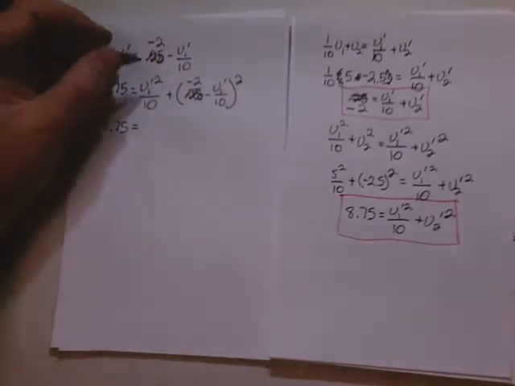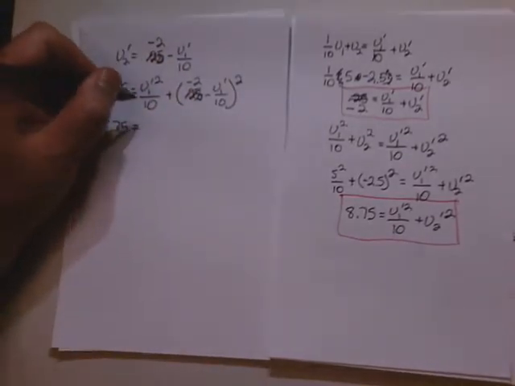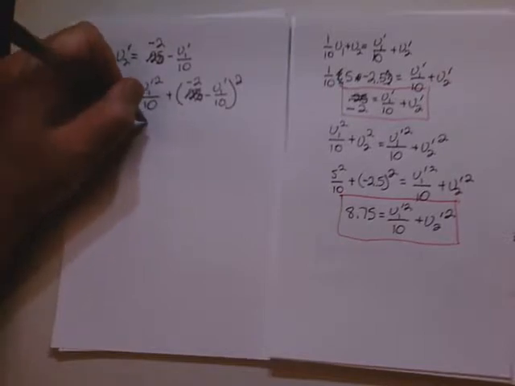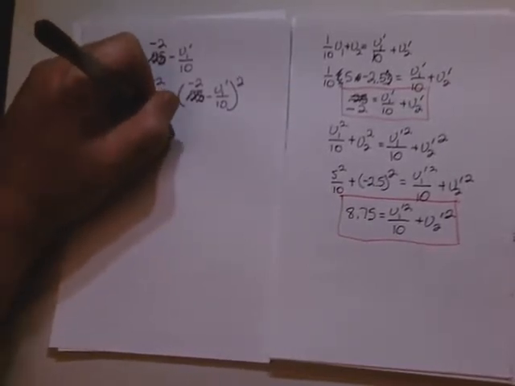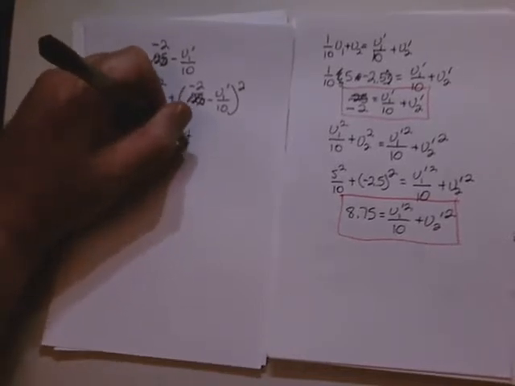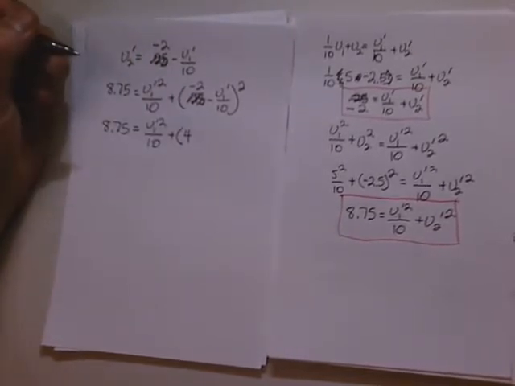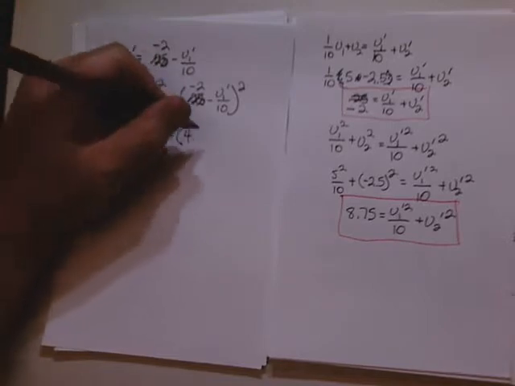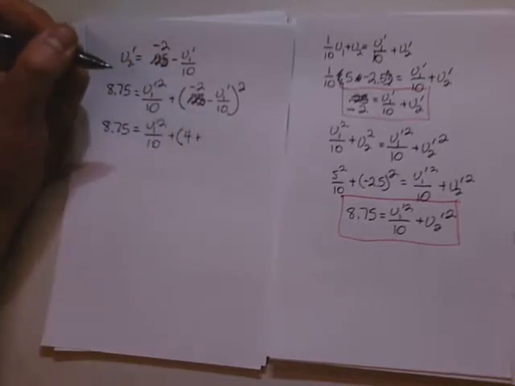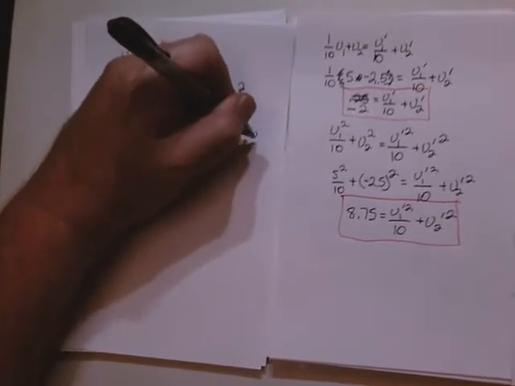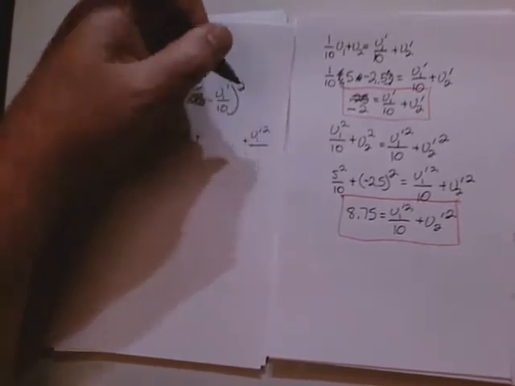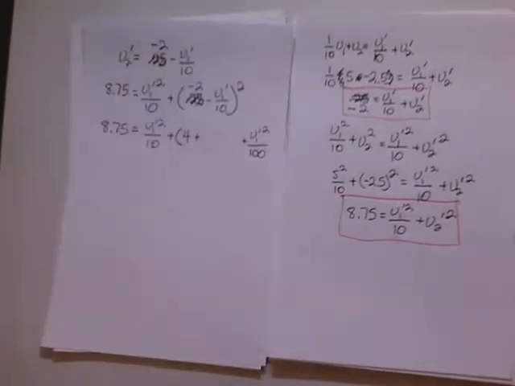Now, V1 prime squared over 10 plus 4 plus V1 prime squared over 100.